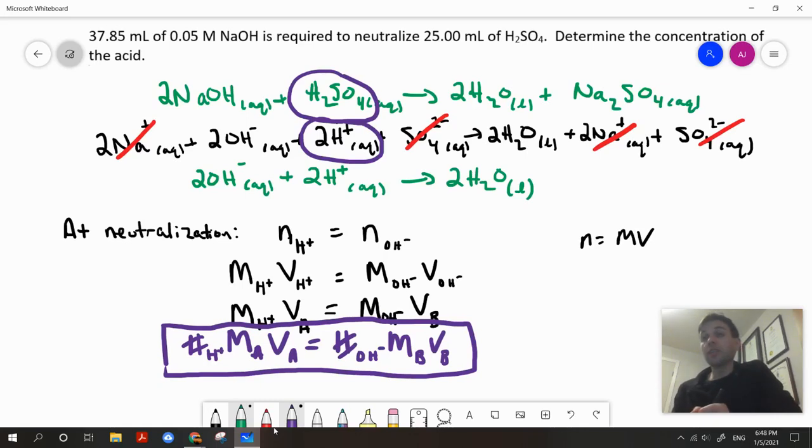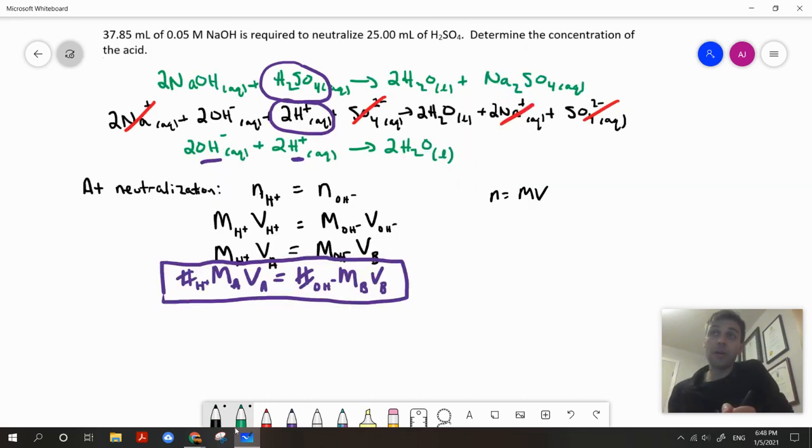This formula is only true at the point of neutralization. It's resting upon the idea that at neutralization, the moles of hydrogen ions is always equal to the moles of hydroxide ions. Now that we've got the background, let's plug in some values and use this equation to solve the problem.